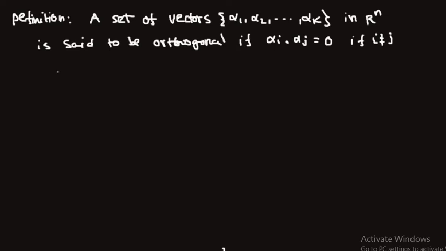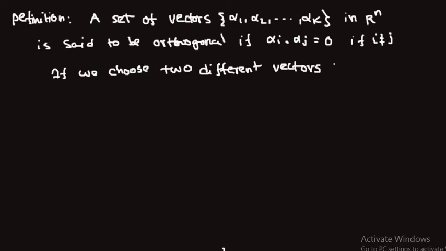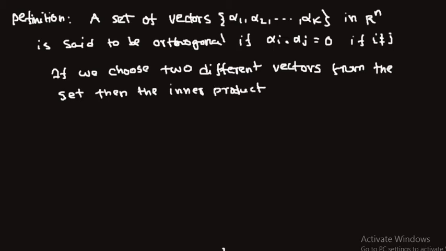So if we choose two different vectors, a pair of different vectors from the set, then the inner product of those two vectors, the standard inner product in Rn, is 0.